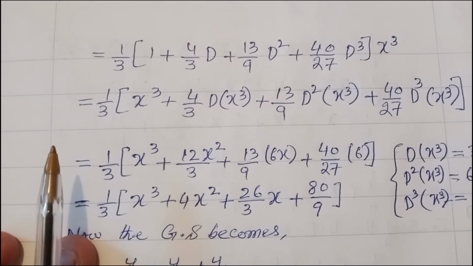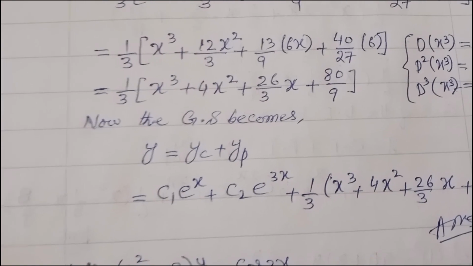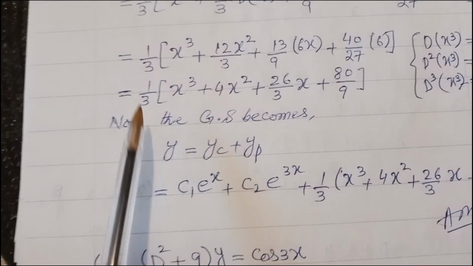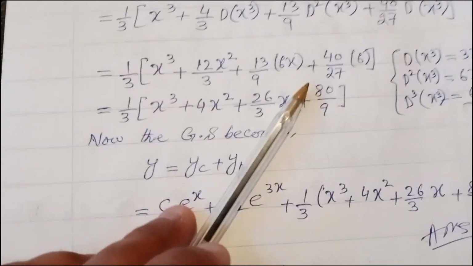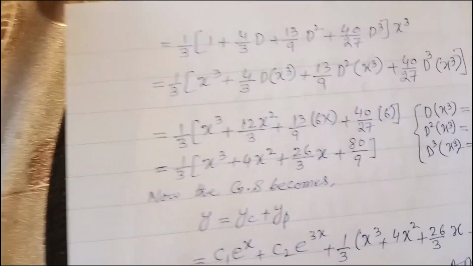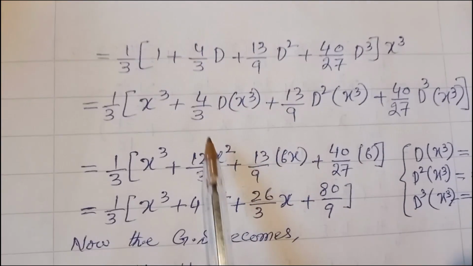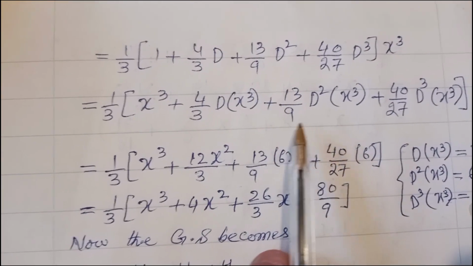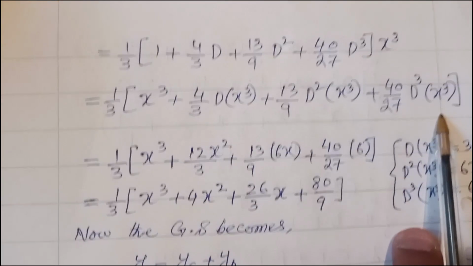So multiply x cube with all the terms, so that 1 upon 3 x cube plus 4 upon 3 differential of x cube plus 13 upon 9 d2 of x cube plus 40 upon 27 d3 of x cube.